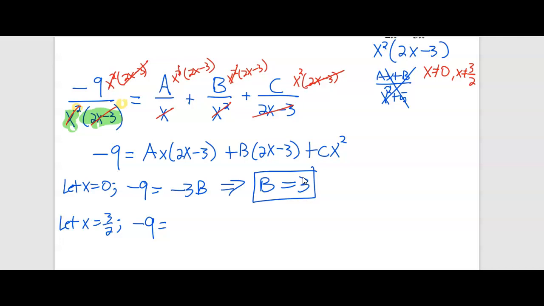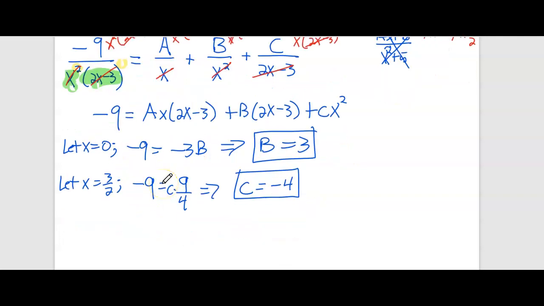The second one is 0. The third one, 3/2 squared, is 9/4, so we get c times 9/4. If we solve for c, the 9's reduce, and we get c equals negative 4. We're now out of values that were not in the domain of the original, so we're out of this really nice stuff happening.